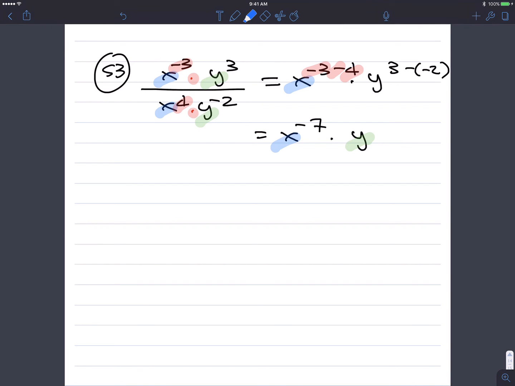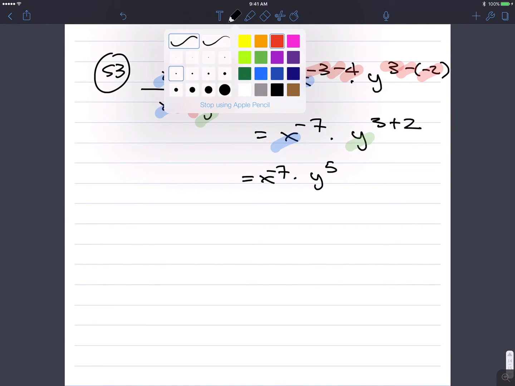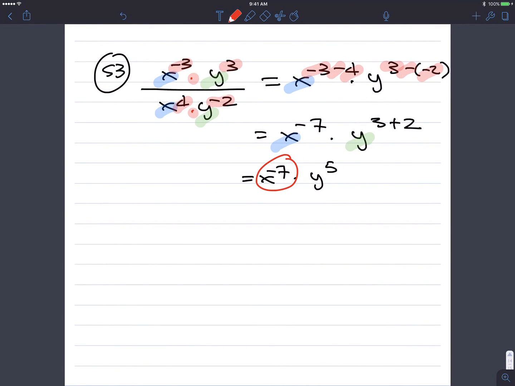You're now going to subtract the powers. This is 3. 3 minus a -2. There's a -2. Don't forget, minus a minus makes this a plus. So I get x to the -7th power times y to the 5th power. This has a negative power.